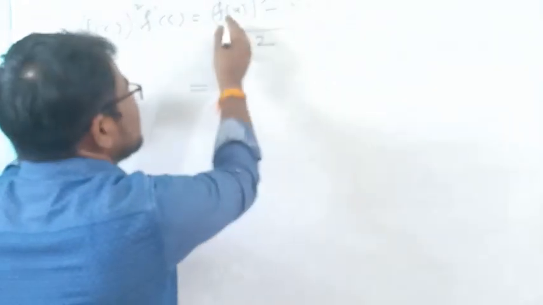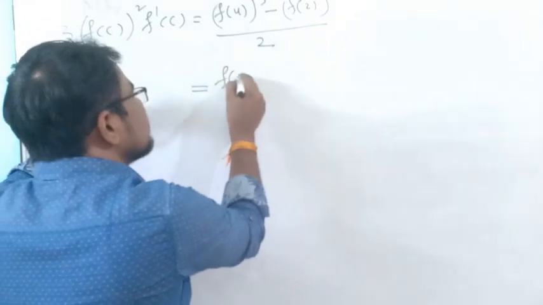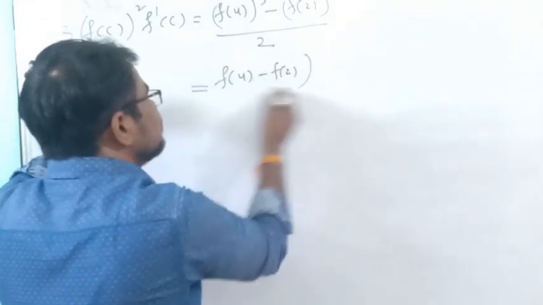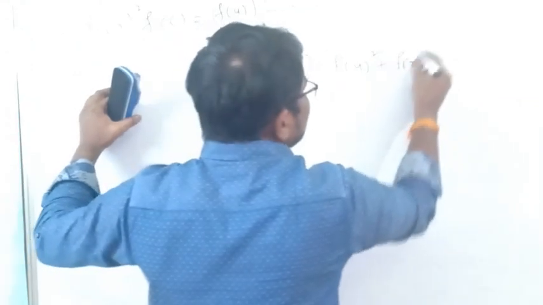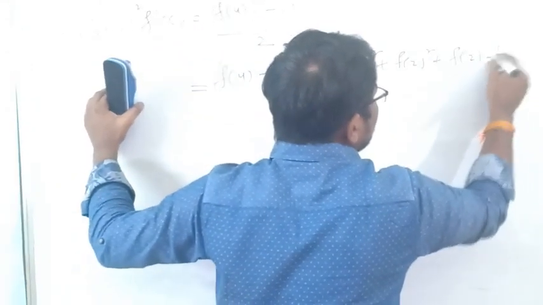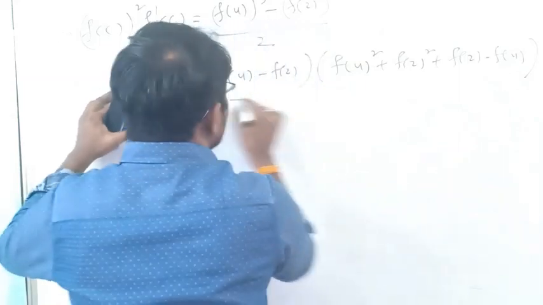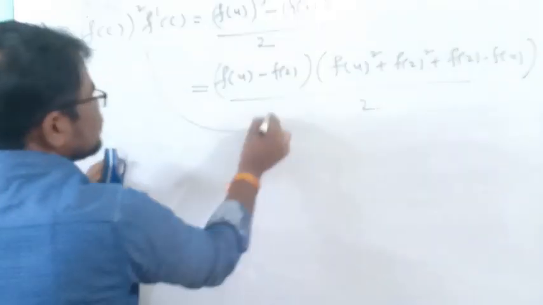That is the a cube minus b cube formula: f of 4 minus f of 2 into f of 4 whole square plus f of 2 whole square plus f of 2 into f of 4, whole divided by 2. That only we have to show.